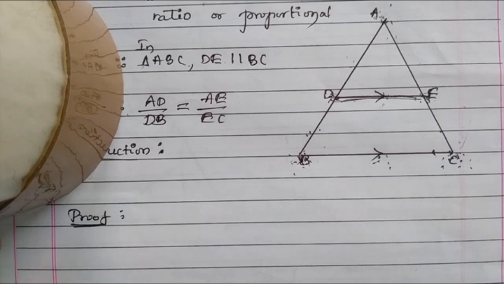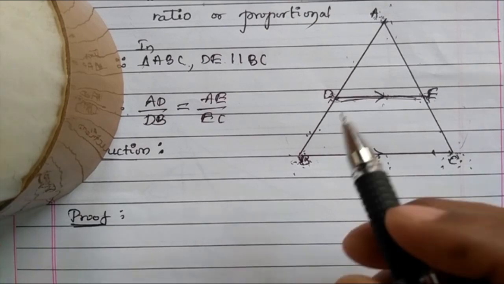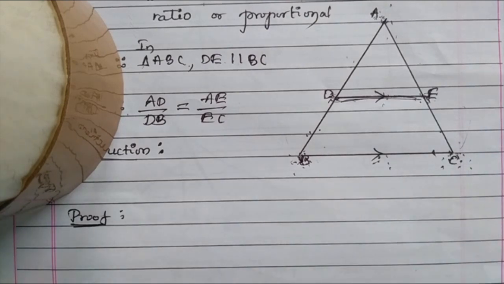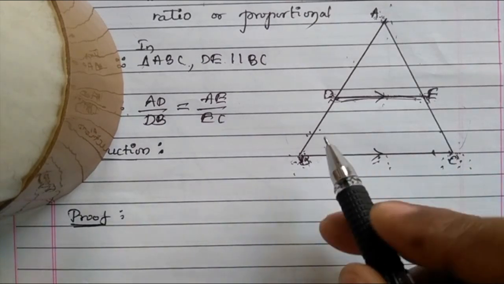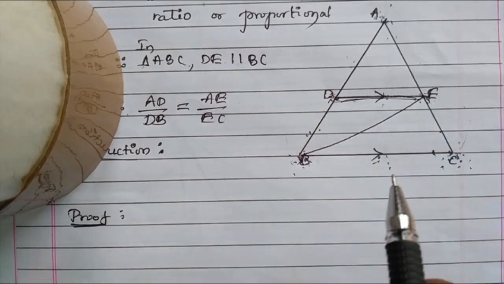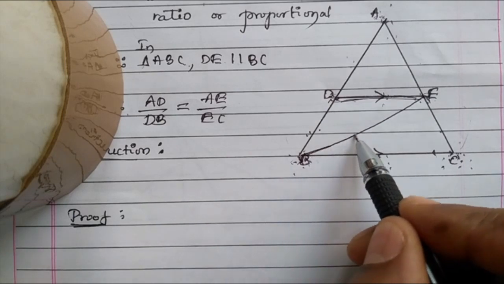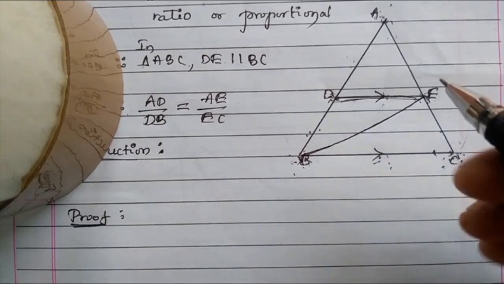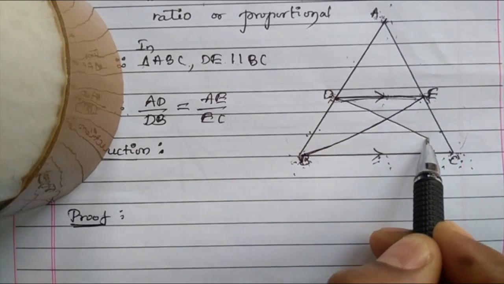For better understanding, I use a reading pen and a blacking pen. First you join B and E, and DC.